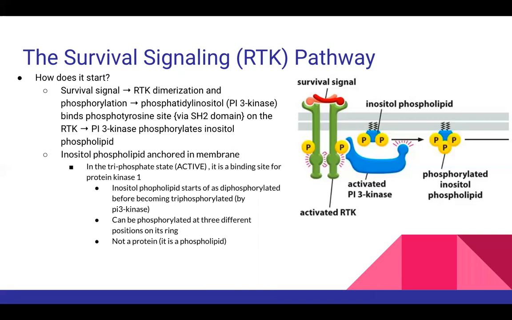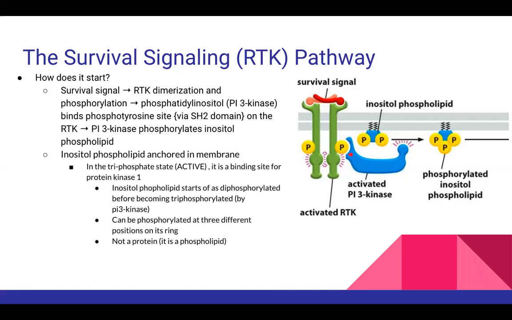Once that occurs, your RTK becomes active. Once the RTK is active, a protein called PI3 kinase will bind to the SH2 domain on the RTK, which is this phosphorylated tyrosine here.